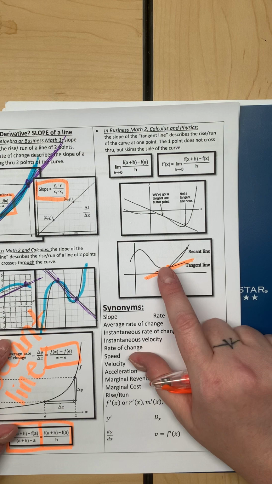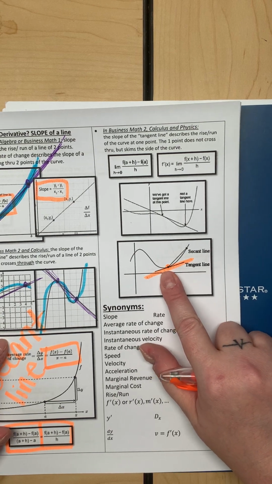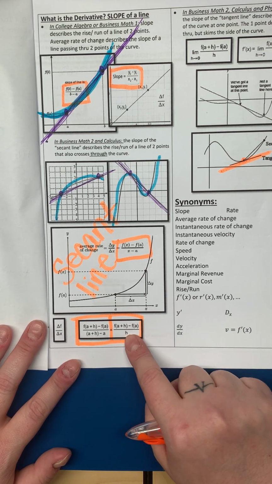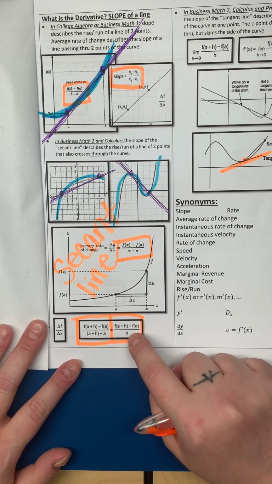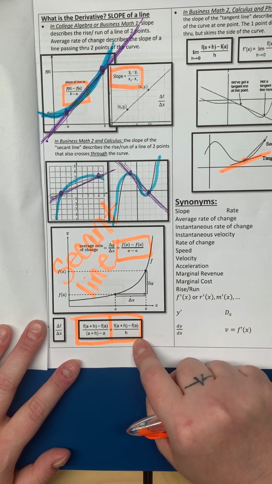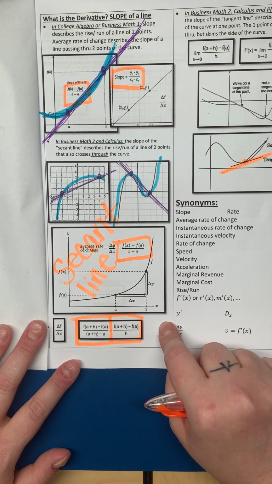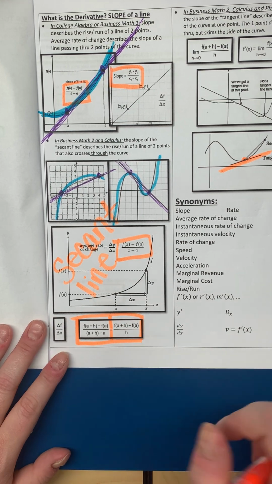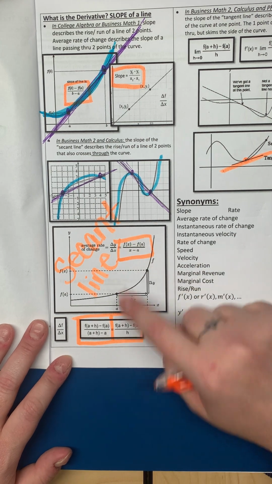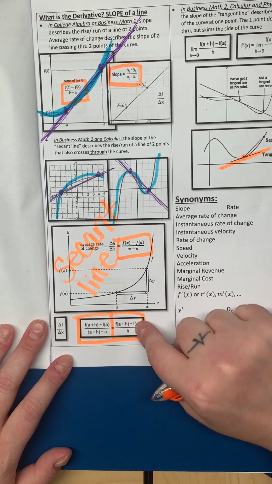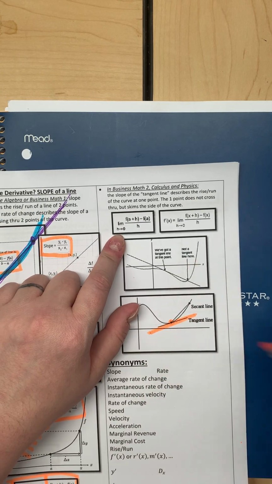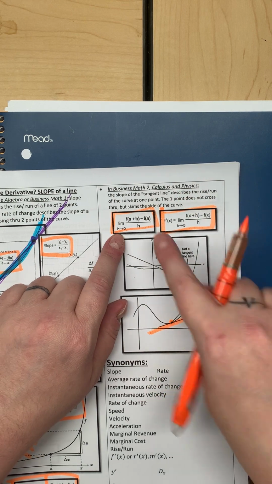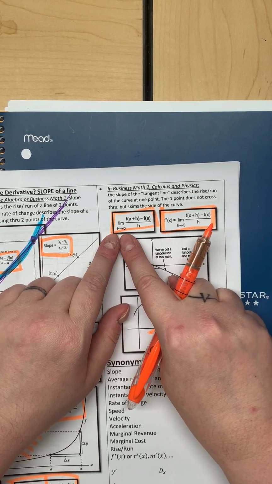And to find the slope of that tangent line, we use that same average rate of change, but we change it a little bit. We can use the a's or we can use the x's, like either one of these formulas did. The only thing extra is there's a limit on it, and in that limit, you plug in a 0 for h.